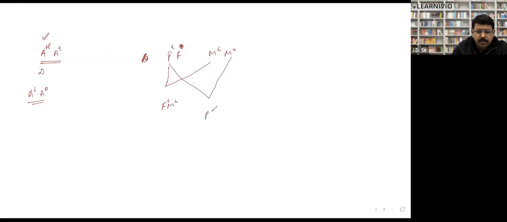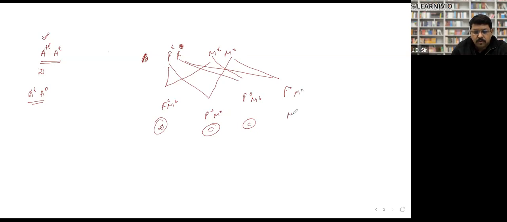This will be carrier. This will be the diseased one. This will be carrier. This will be normal.